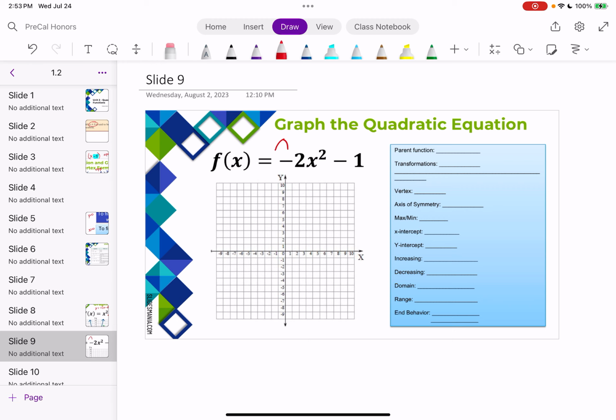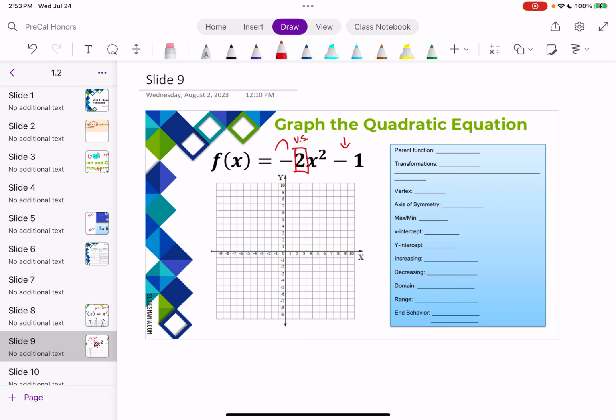The number itself, the 2, is greater than 1, which means this is going to be a vertical stretch. We have x squared, which means there is no shift left and right. And we have a -1 on the outside, which means we are going to move down by 1 unit.